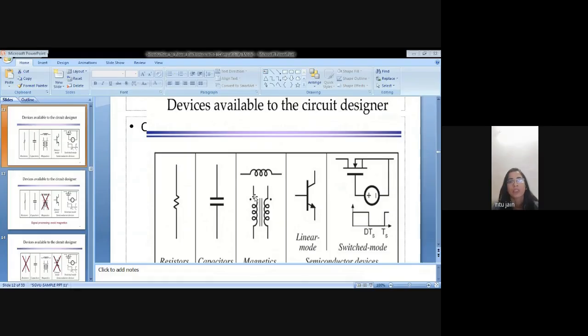Next is your linear mode, this is your BJT, bipolar junction transistor. And next is your switched mode. Switched mode means there is controlling. Controlling means, as you can see, DT1, for a particular time duration we supply pulses to the device.